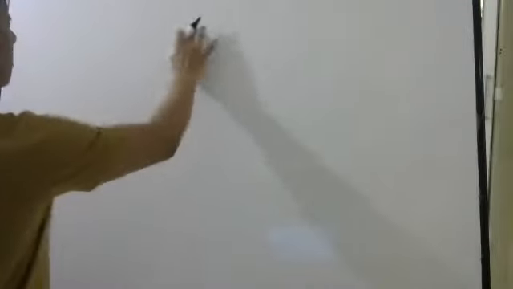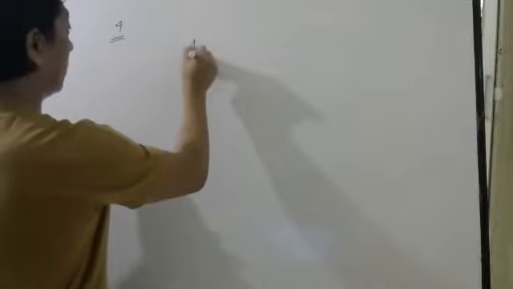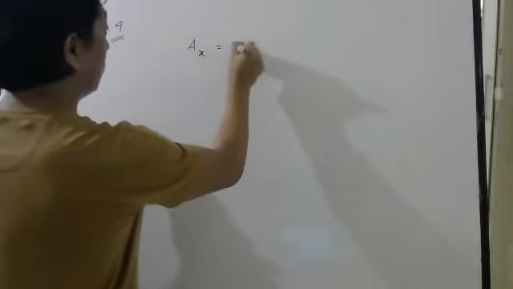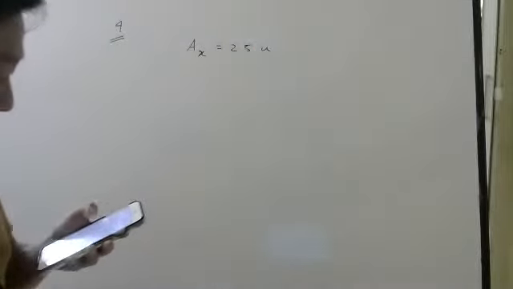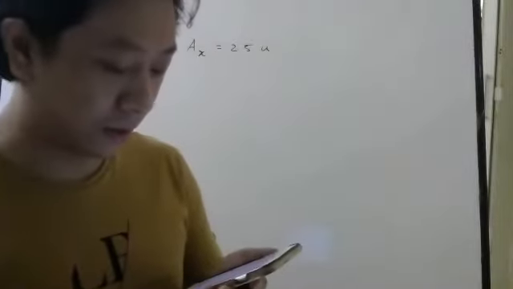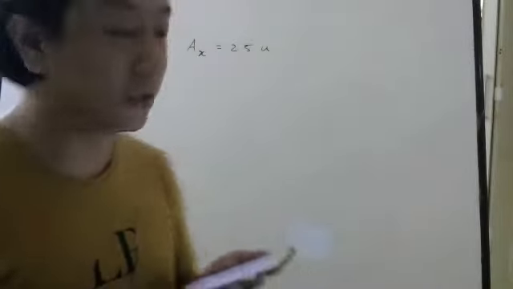So let us see question number 4. It says a vector has component along x-axis equal to 25 units. That means the x component is 25 units. And along the y-axis equal to 60 units.